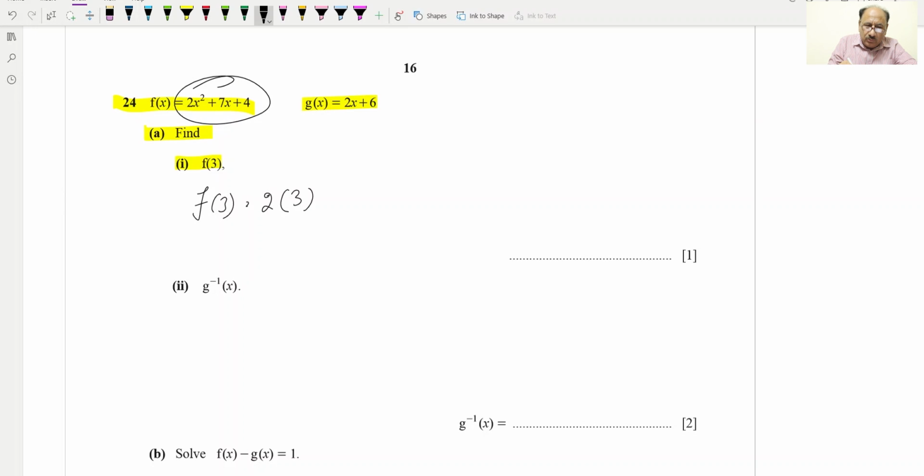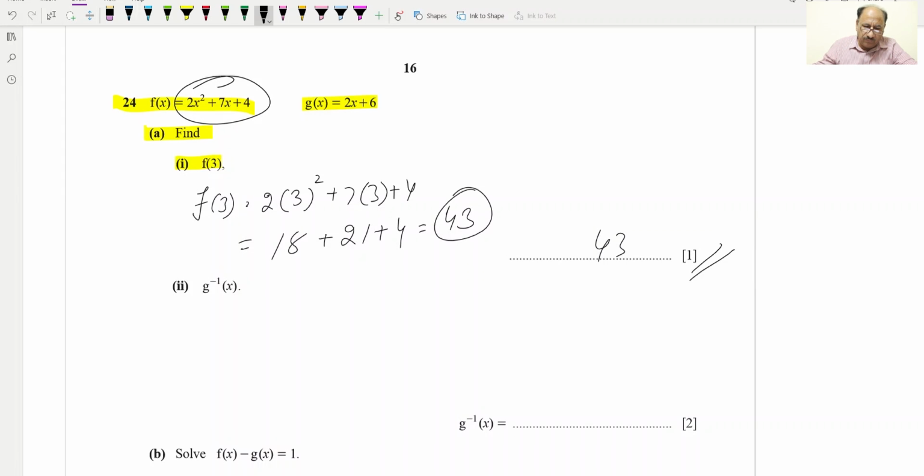So 2 into 3 squared plus 7 into 3 plus 4, and 3 squared will be 9. 9 into 2 will be 18. So this will be 18 plus the 7 into 3, which will be 21, plus 4, and this will be adding up to 43. So 43 will be the answer for 1 mark.